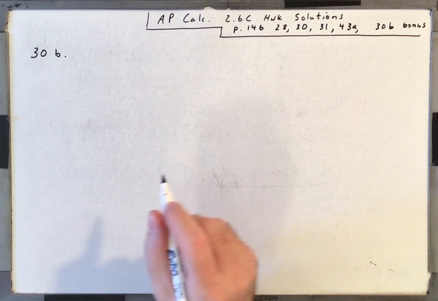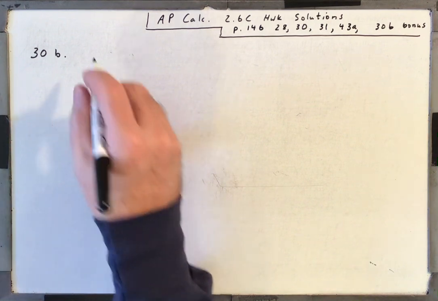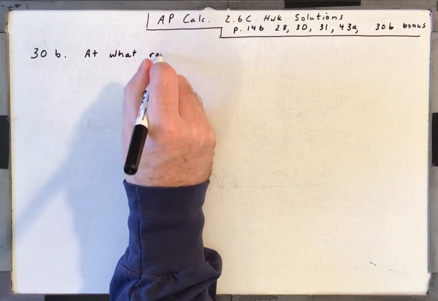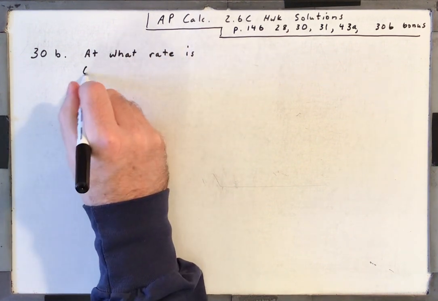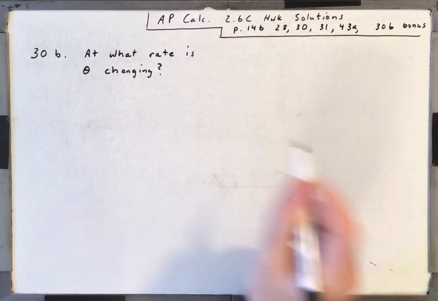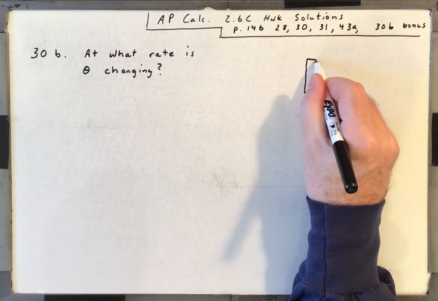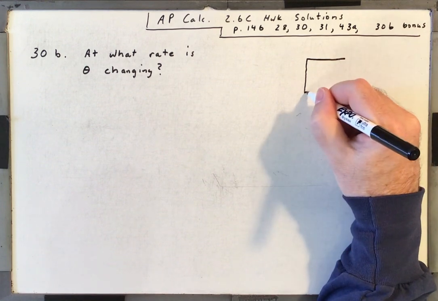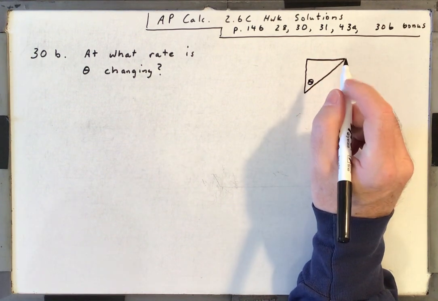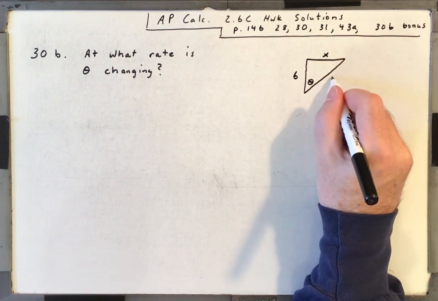And the question I want to ask, if you read through that, the only difference, we're going to use all the same information, but the question is, at what rate is theta changing? And we're going to redraw this triangle and show you what I'm talking about with theta. So we have theta is here. Okay, so we know this is 6, this is x, and this is s.